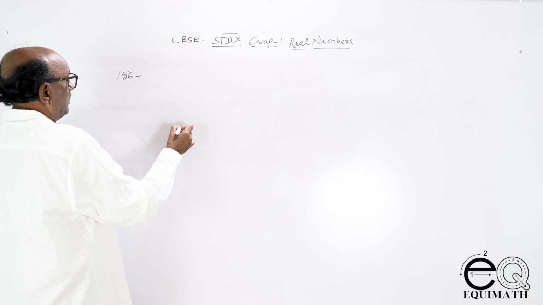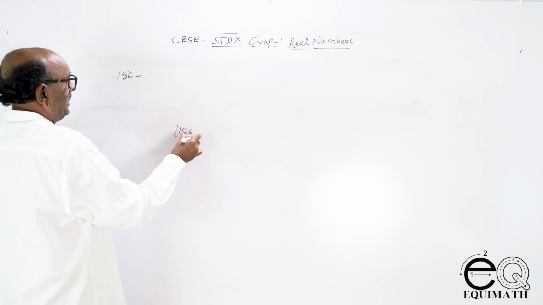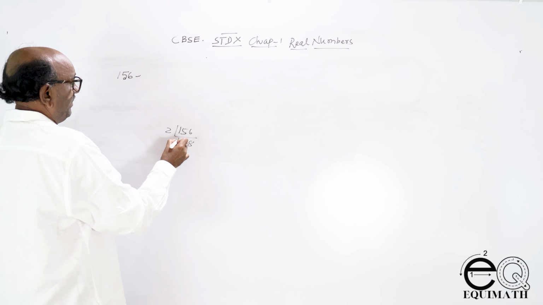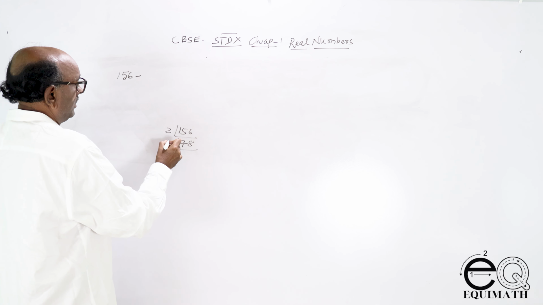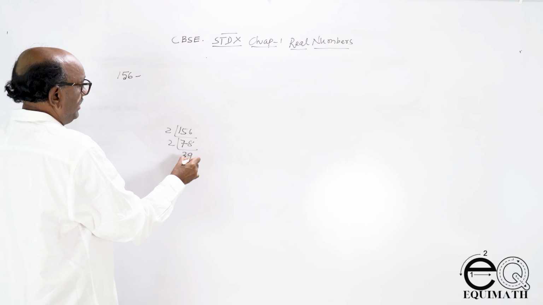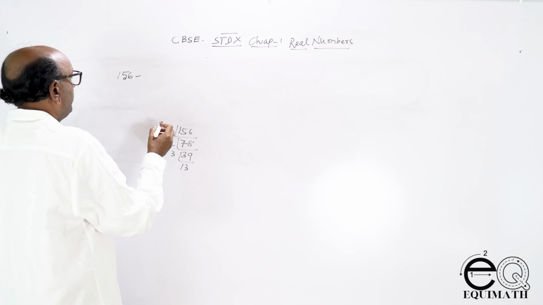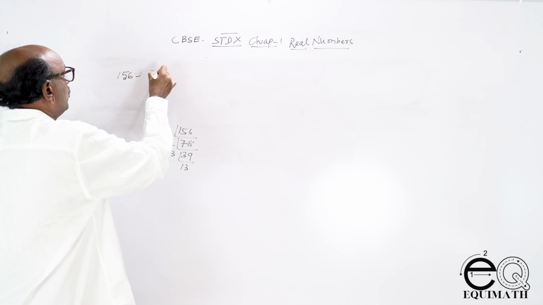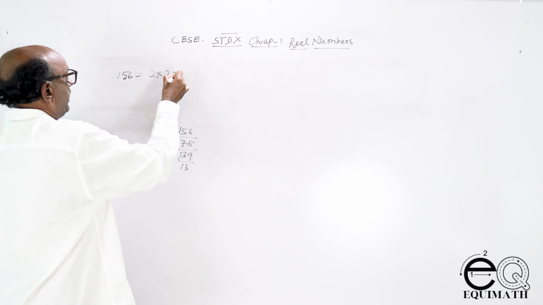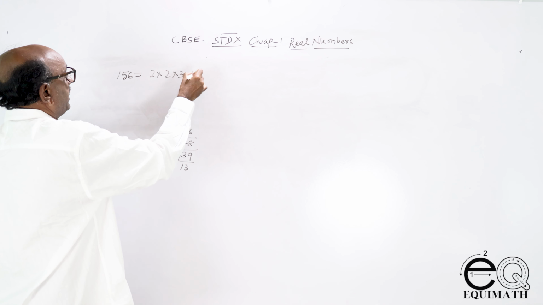How to find? Divide it by 2, we get 78. Divide by 2, we get 39. Divide it by 3, we get 13. So 156 is equal to 2 into 2 into 3 into 13.